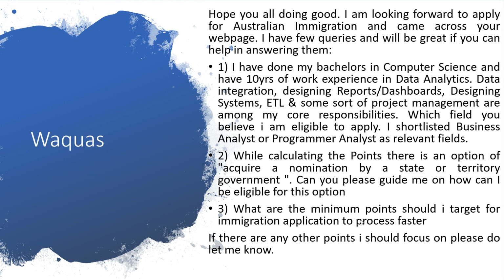With 80 points, you would get the invitation probably in the next round of invitations. With 75 points, you could get a chance to get an invitation at all for 189. With 70 points, don't even bother. With the states, you need to check each and every state separately, all right?